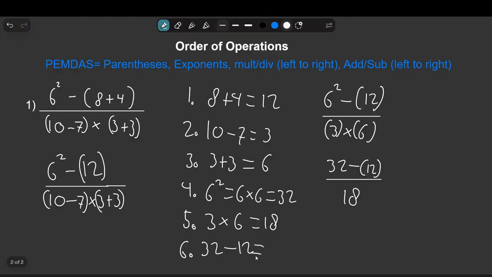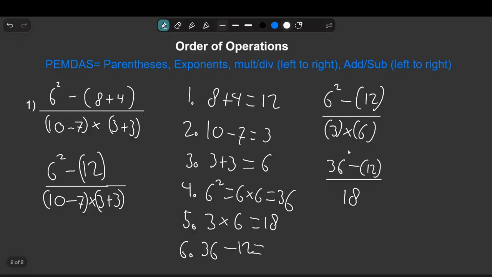32 minus 12 equals, guys, I just made a little accident right here. It wasn't 32, I just slipped up a bit. 6 squared is 36. That's my bad, guys. So instead of the 32, which I was saying the whole time, we have 36.